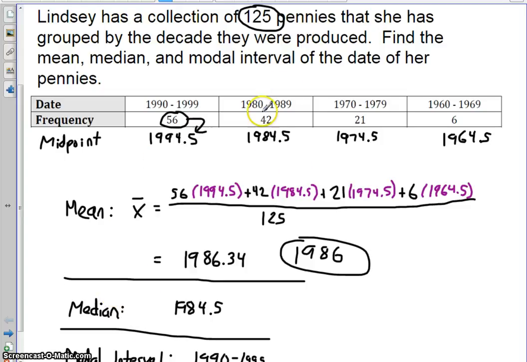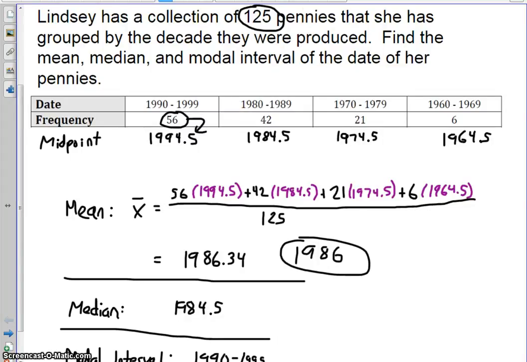As it turns out, the median value is within this interval right here, so we're going to assign it 1984.5. Again, 1984.5 is kind of a meaningless value in this context, but it is the value that we get for the median. Now, how did I get that? If it's a small amount of data, it's very easy to put the data in order and count out to see the middle one. There are 125 values here, though, so it's trickier to find the middle value.